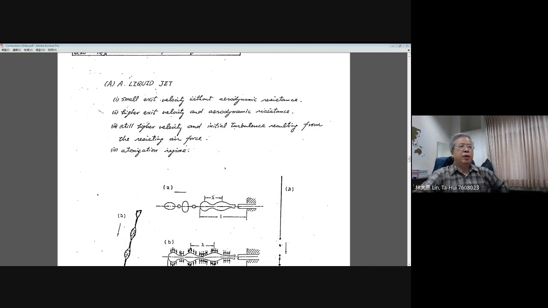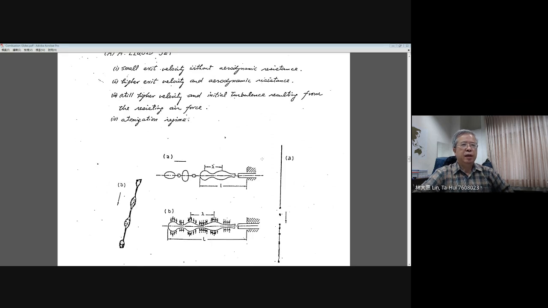If you increase to a higher exit velocity, you will have a higher aerodynamic resistance. And I'm sorry, these are the pictures for figure A, and a systematic diagram for picture A can be shown right here.